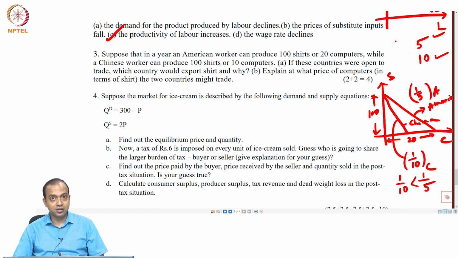So, China then should get a computer. If China produces a computer in its own country, then China has to sacrifice 10 certs. Okay? For one computer, China is sacrificing 10 certs.